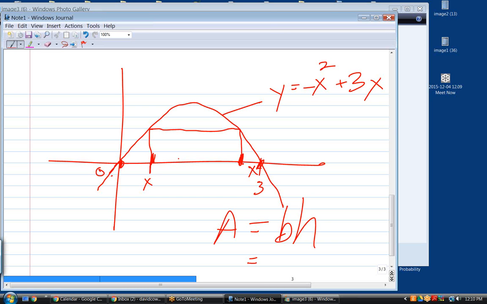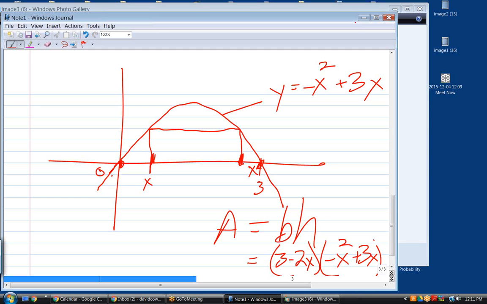And my rectangle is everything except that x and this x. So it's 3 minus 2x is the base. Again, the height is y, and in this case, the height is this. So, same exact problem, but a slightly different take on how you define the base of the rectangle.